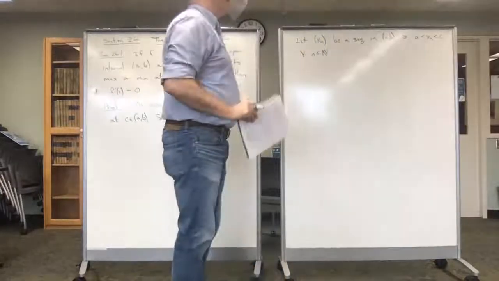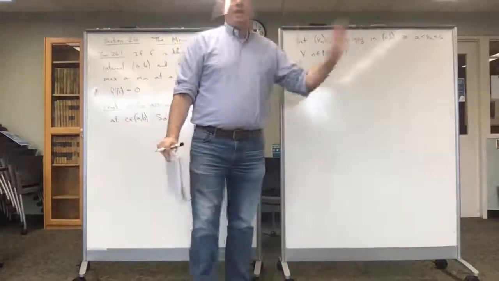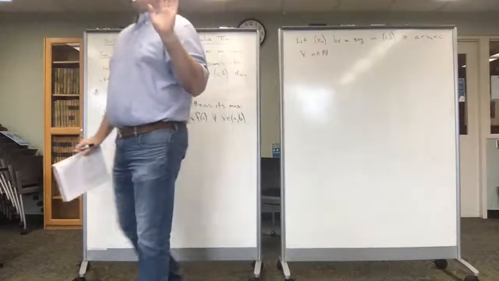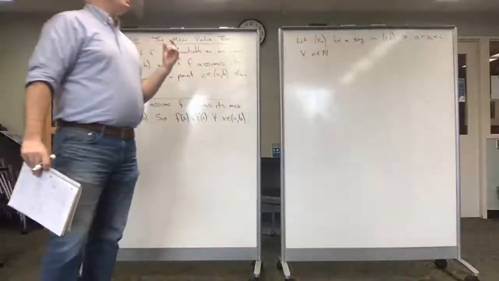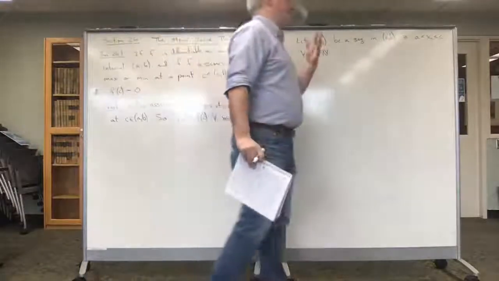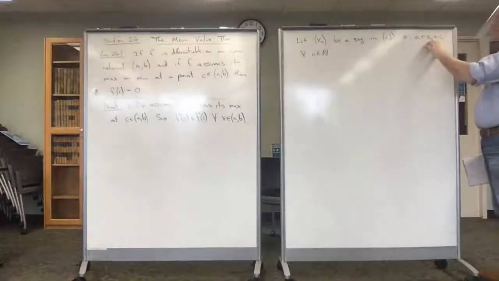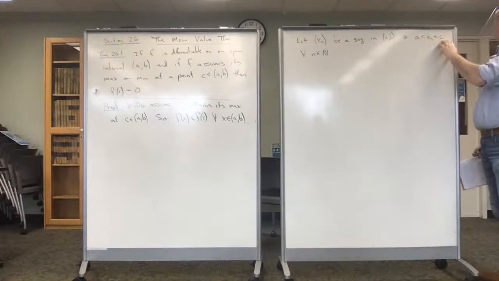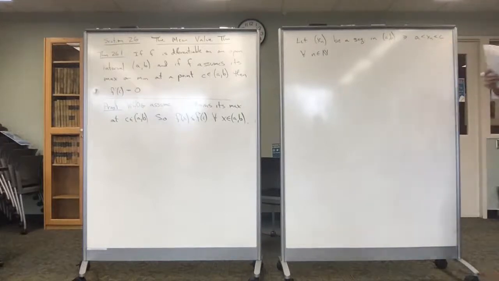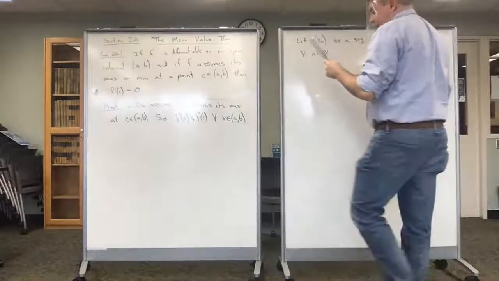So c lives between a and b somewhere, and I can take any sequence I want. I want the sequence so that all the sequence values come before c.